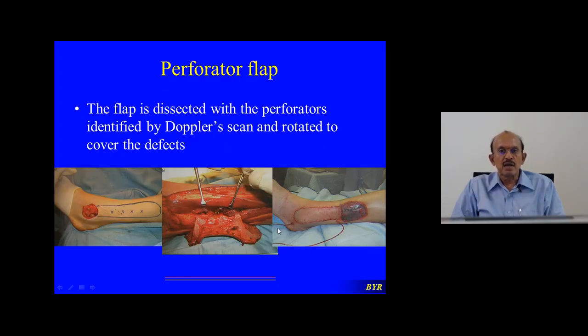So basing on the blood vessel, you construct the flaps with the skin, fascia, muscle, bone, with the required things. These are very useful for reconstruction of defects produced after major cancer surgeries and after major traumas. This much if you know, that is more than adequate. Any doubts, please?